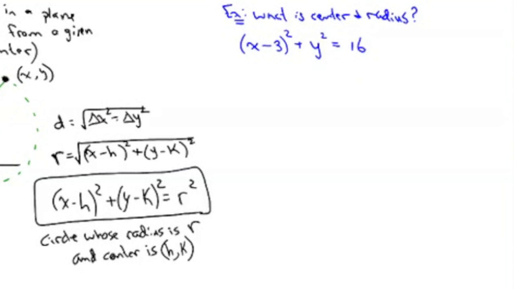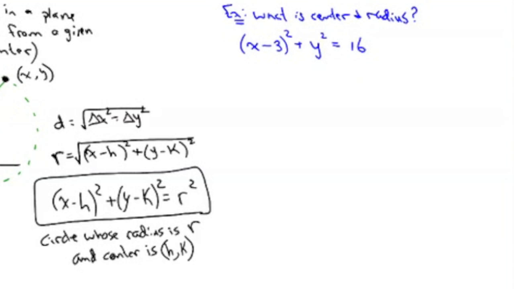What is the center and radius of this circle? So you go back to the formula, but you've got to look at it right. x minus h, h is the center. So when it's x minus h, you have to take the h and change it back to its opposite. This is like translations.